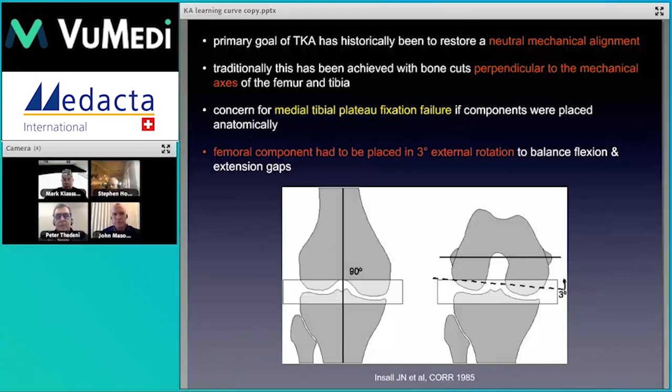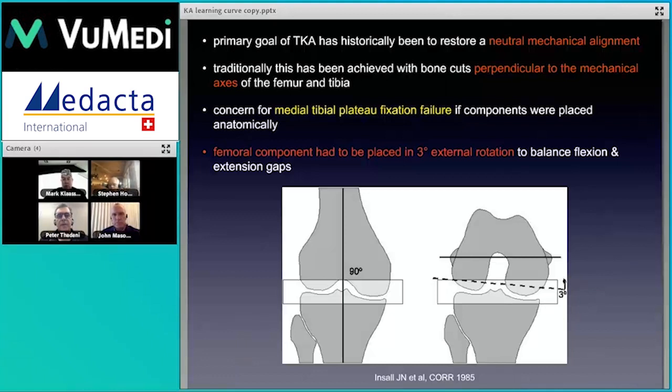Everybody has sort of been taught or introduced a traditional way of doing total knees, and the primary goal of a traditional total knee has been to restore a neutral mechanical alignment. The pioneers of total knee arthroplasty determined that this was achieved with bone cuts that were perpendicular to the mechanical axes of both the femur and the tibia.